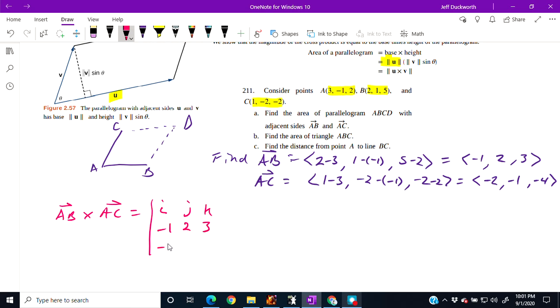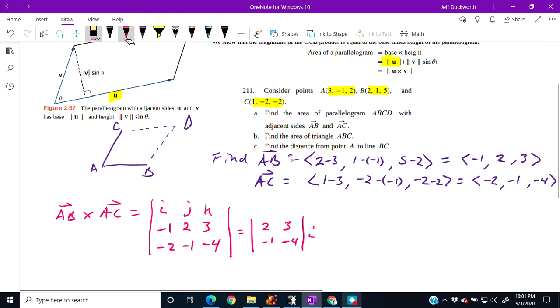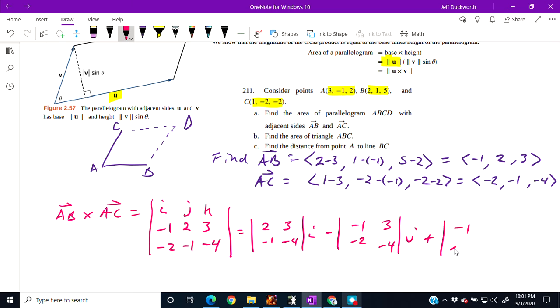Our AC vector is (-2, -1, -4). So for i, we use 2, -1, 3, -4. Oh, excuse me, we subtract the j part. So -1, -2 is the first column, 3, -4 is the second. And we add the k. These are our determinants.